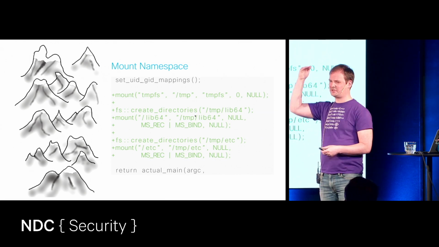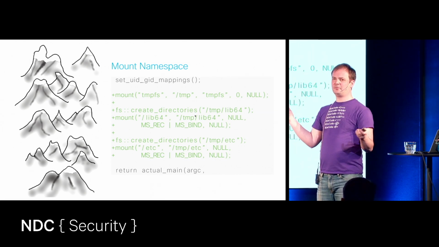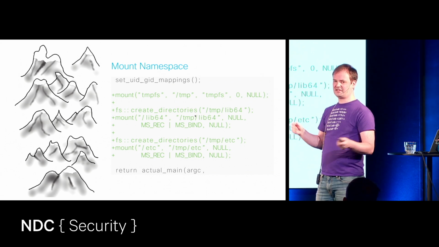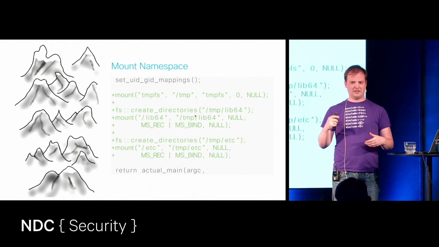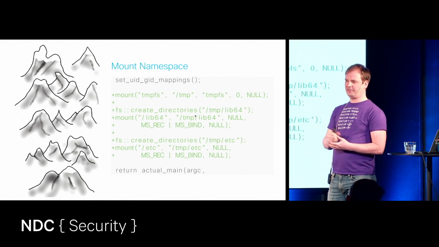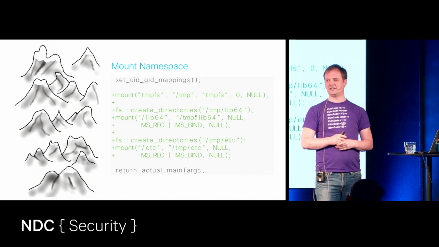And here you can mount up as much as you want to. You can mount other types of file systems. You can mount a squashfs or whatever you want to mount. And nothing of this is seen by the parent. So now I made myself a nice little file structure under temp.